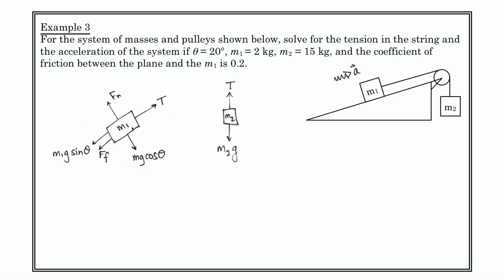So if you can't remember how to do an inclined plane and F equals ma, then go back in your notes and take a look at how we did this last lesson. This one should be pretty straightforward. The answers are 27 newtons and 8.0 meters per second squared.